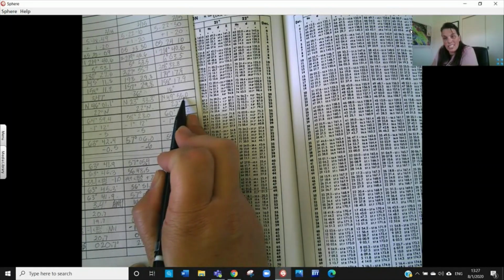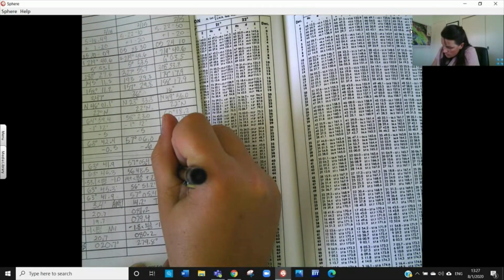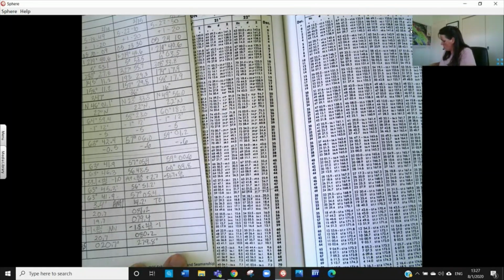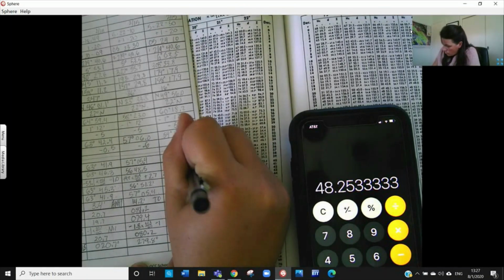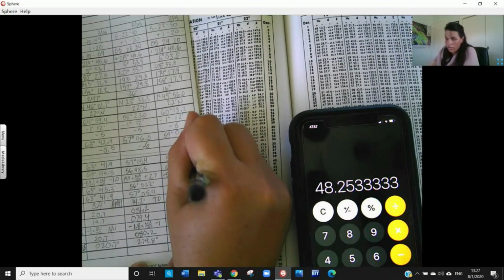So we have 56/60ths. I'll be subtracting 48.3.